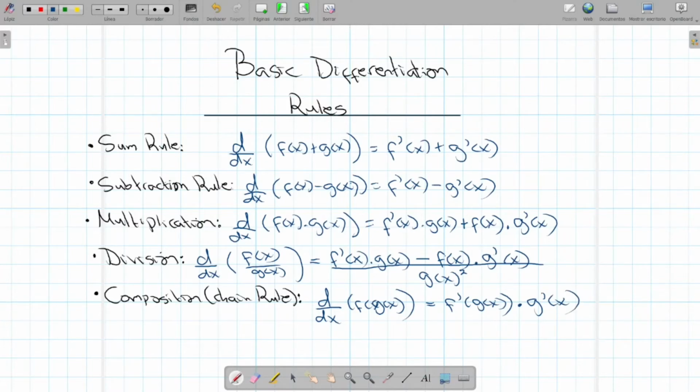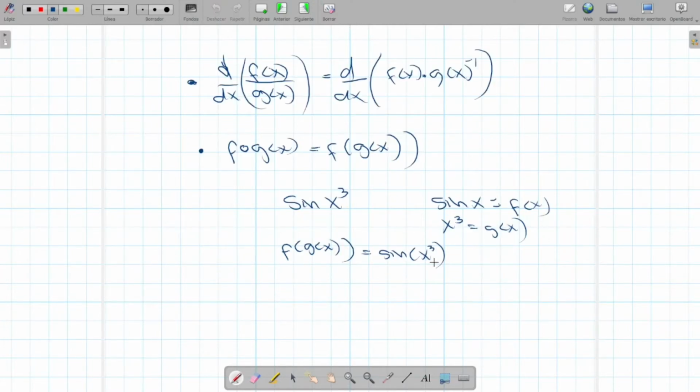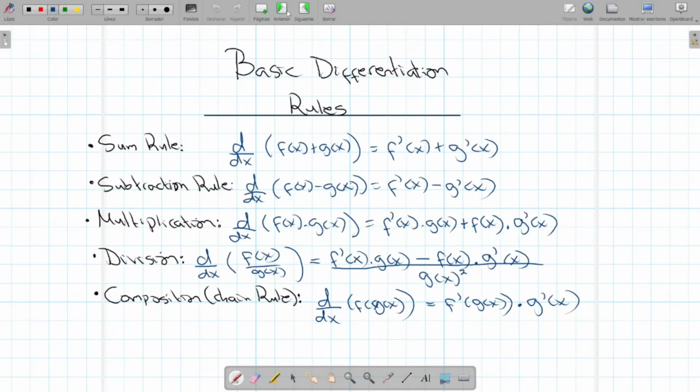For example, I'm not going to do it because we still don't know the derivatives, but if we have to do the derivative of sine of x cubed, we can do it as the derivative of the sine multiplied by the derivative of x cubed. And we'll see how we do this in a video on the composition of functions.